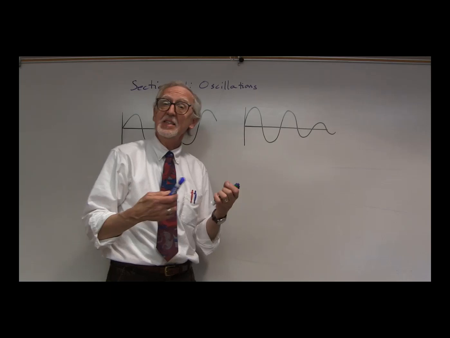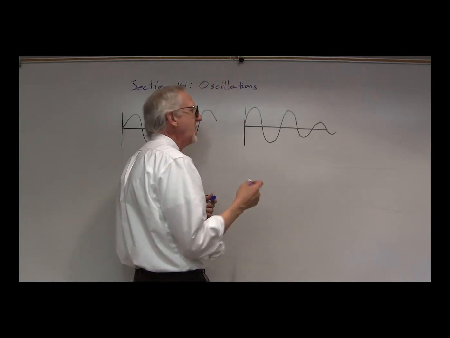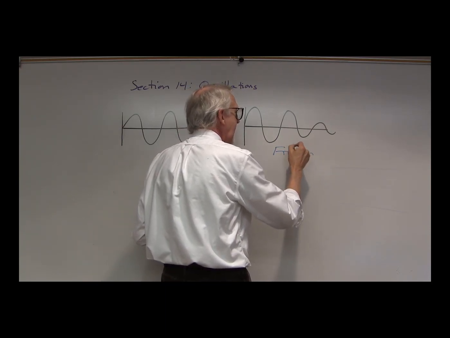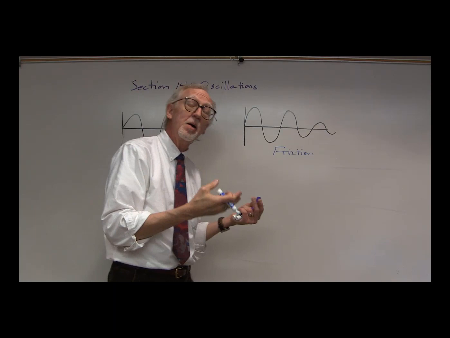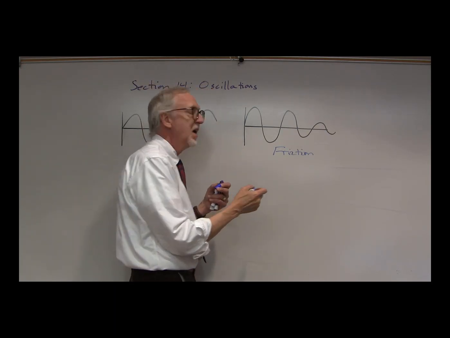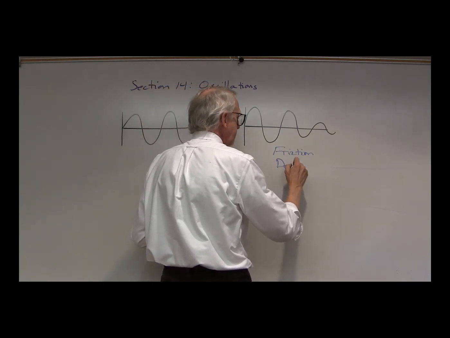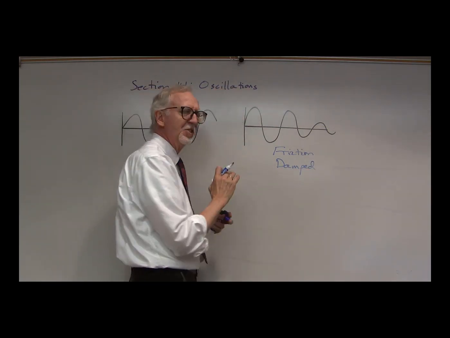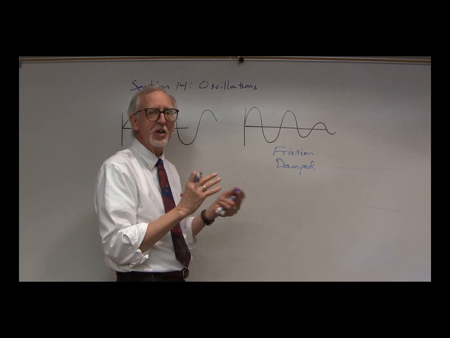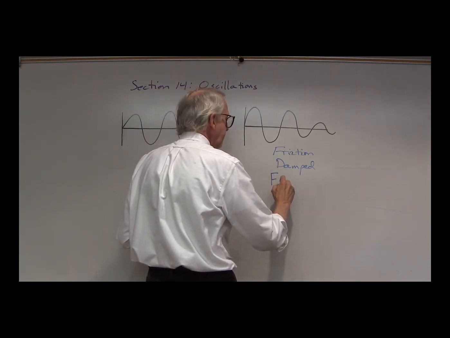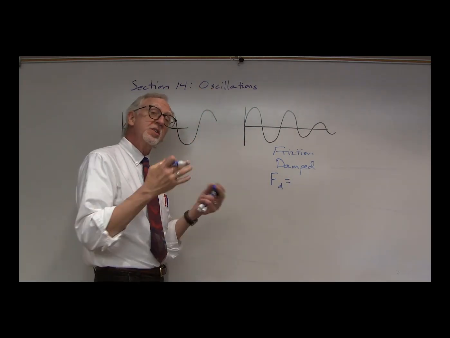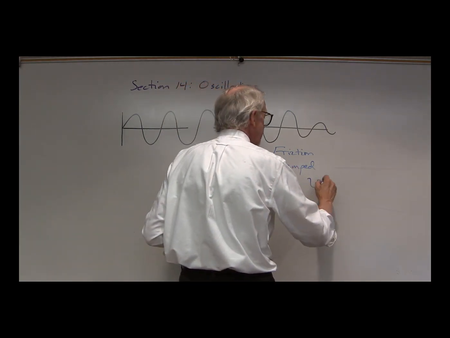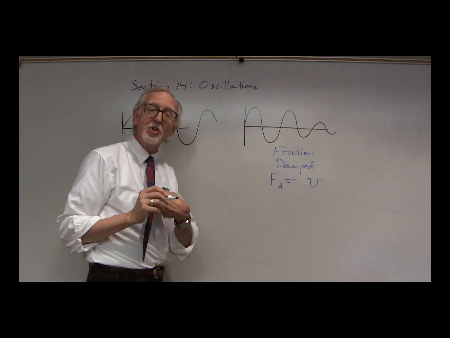Well, one very easy way is to say that there is some friction acting on the system, and when we talk about a harmonic oscillator that has friction, we say that the oscillator is damped. We refer to the friction as damping. And the easiest form of a damped frictional force is to say that the damping force is proportional to the velocity and opposite the direction of the velocity.